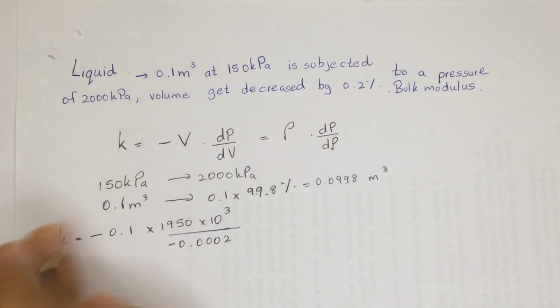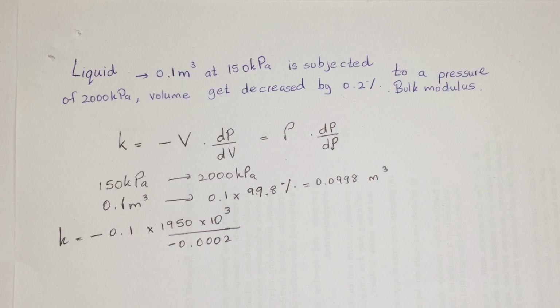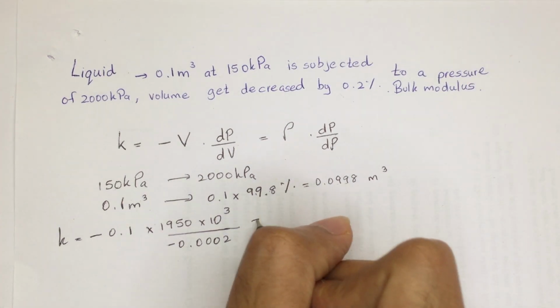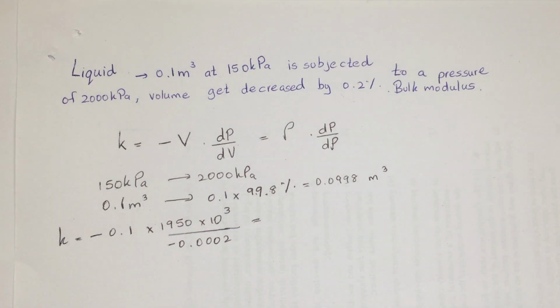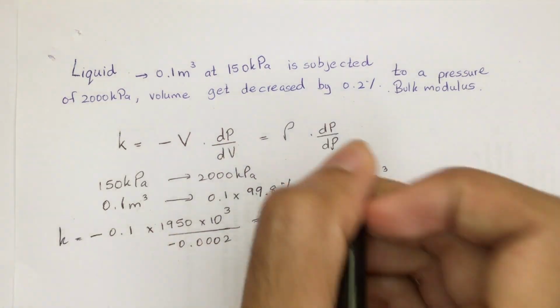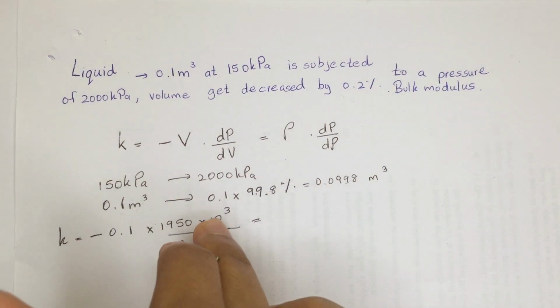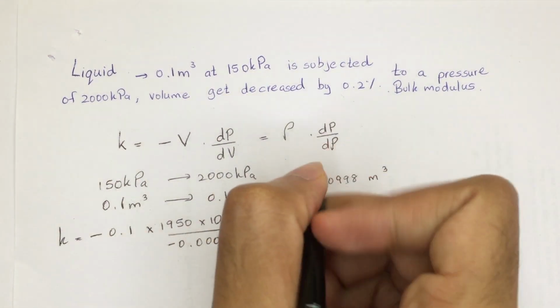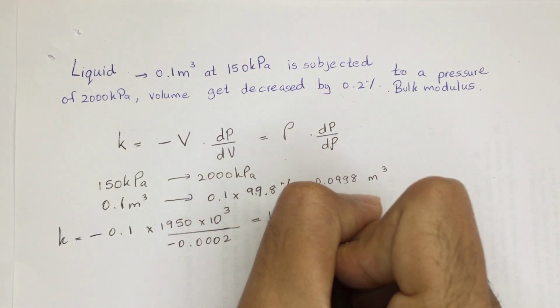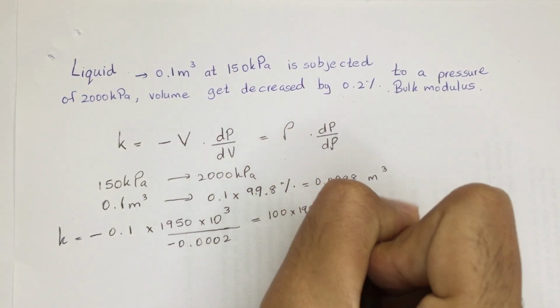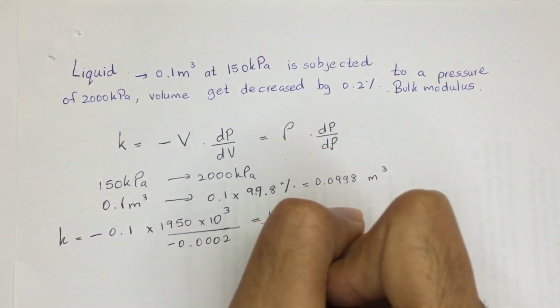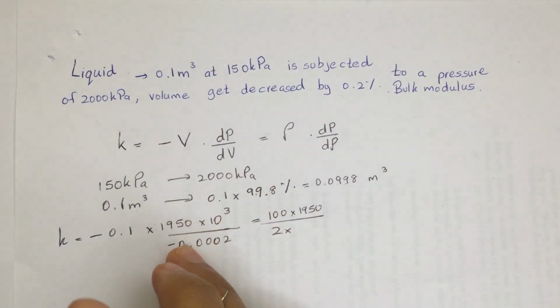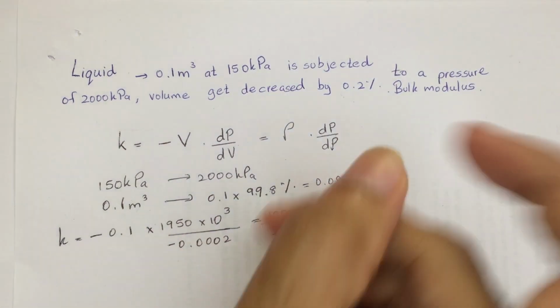So we need to solve this one. The minus is going to be cancelled out. So it's going to be 10 cube, so you can directly write it like this: 1950 over 2 into 10 to the power minus 4.